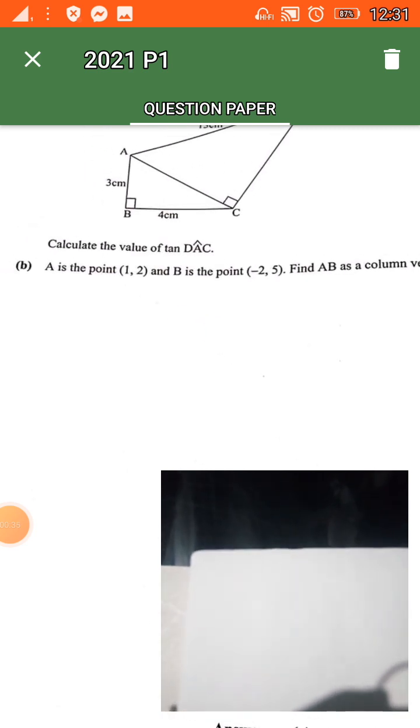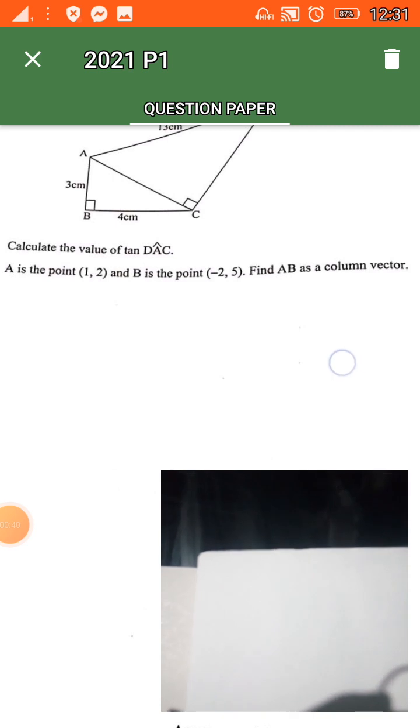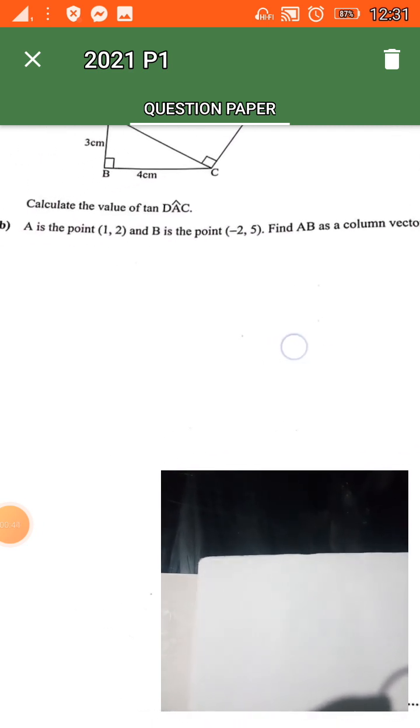A is the point 1, 2, and B is the point negative 2, 5. Find AB as a column vector.